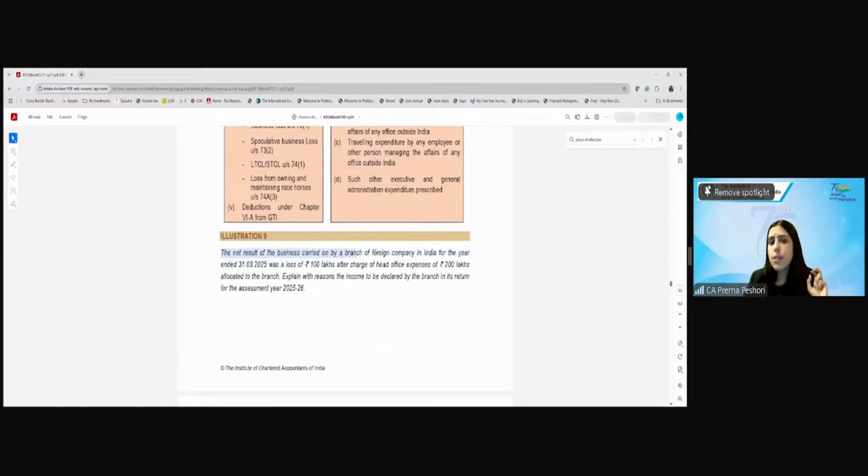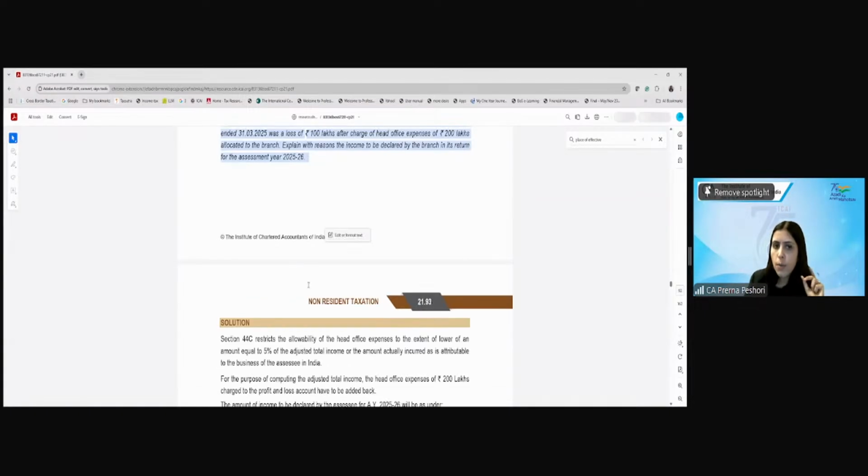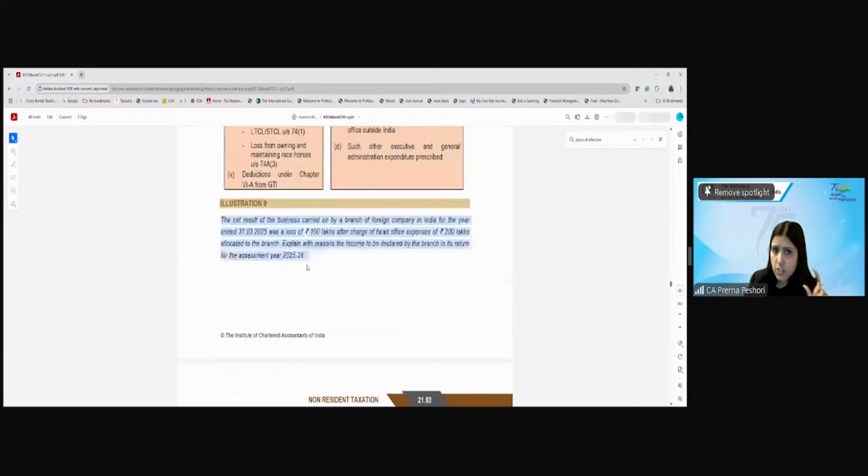The net result of the business carried on by a branch of a foreign company in India for the year was 100 lakh loss, after the charge of the HO expenses of 200 lakh allocated to the branch. Explain with reasons the income to be declared by the branch in its return for AY 25-26. So how will we solve this? Here we will consider the adjusted total income.